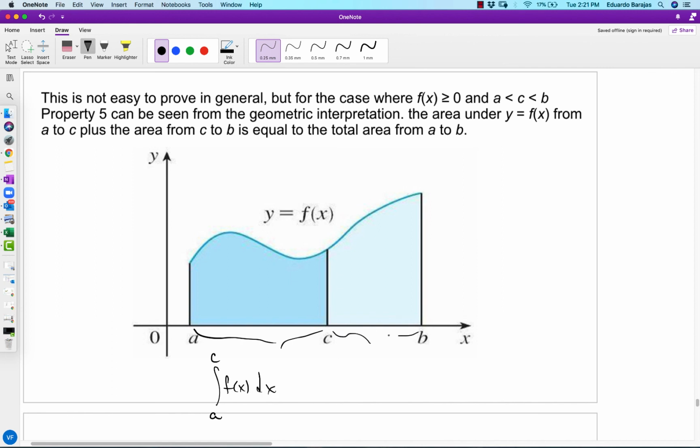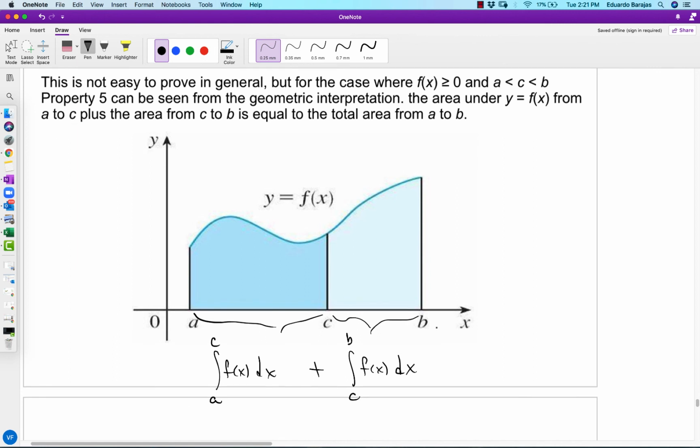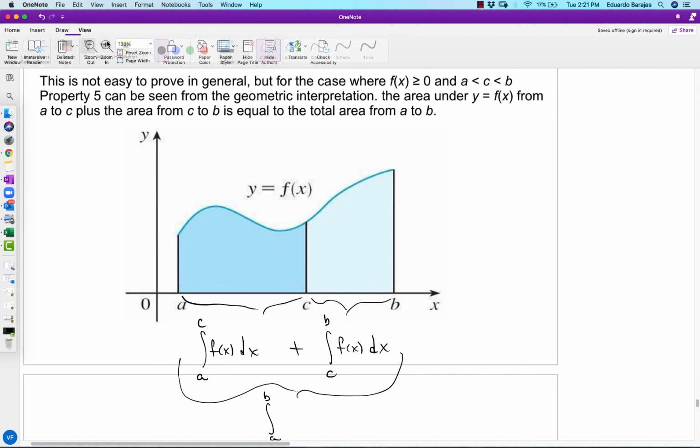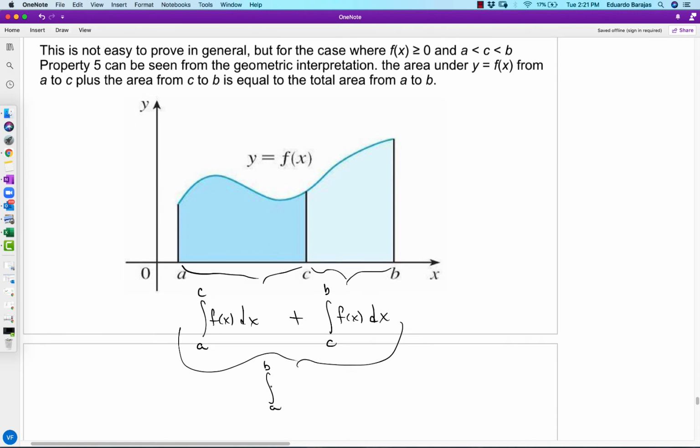And this area over here would be the integral from c to b of f of x dx. And if we're adding them together, you can see that that's just going to be the same as integrating from a all the way out to b on the function f of x. So the whole thing is just equivalent to the integral from a all the way out to b of f of x dx, right? And that's when that property comes in.